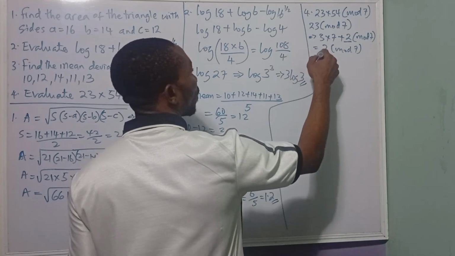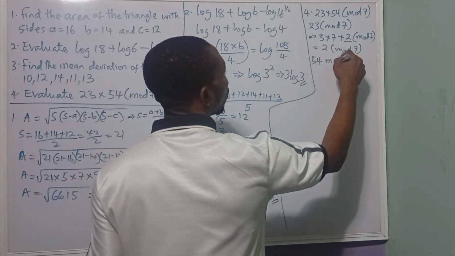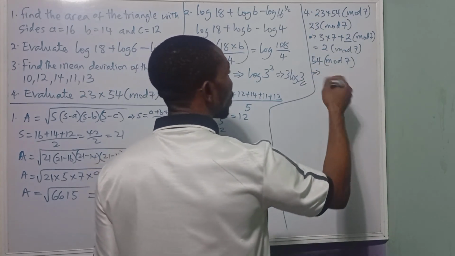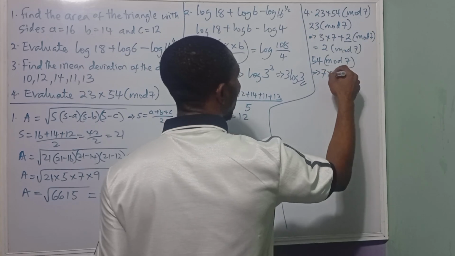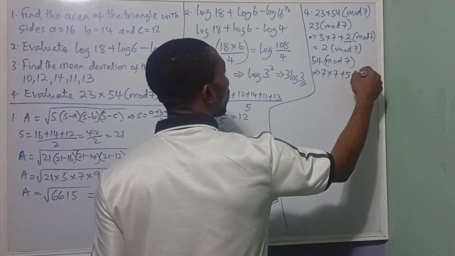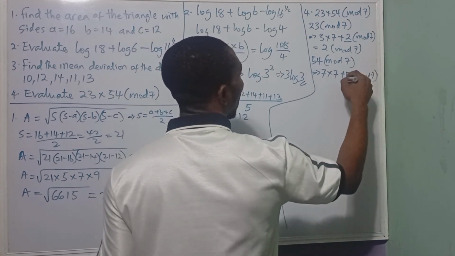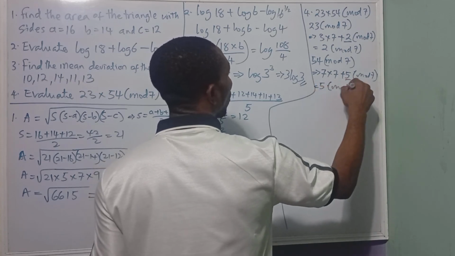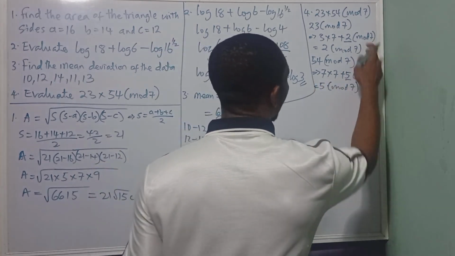Now let's look at 54 mod 7. This will give me 7 times 7, 49, plus 5 gives 54. So my answer here will be 5 mod 7. Now bring these two answers together.